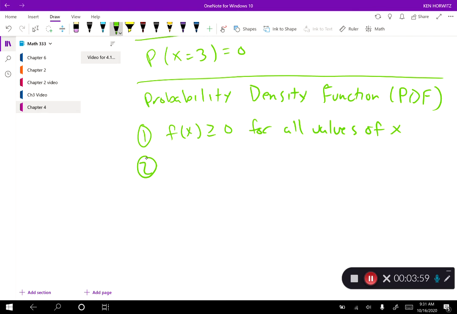Our second requirement is that the probability that a is less than or equal to x, which is less than or equal to b, equals the integral from a to b of f of x dx.